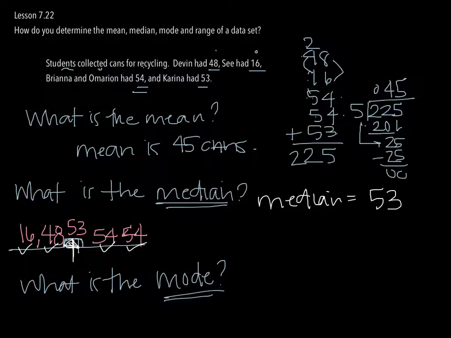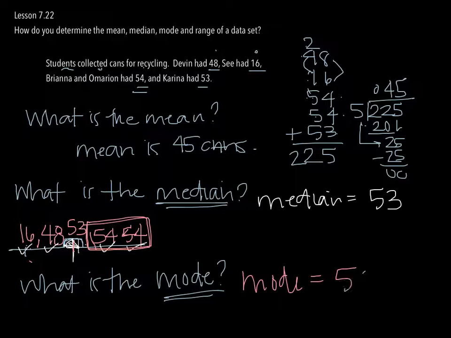Sometimes there is no mode if all of the numbers only appear once, or there could be a couple modes if a couple of numbers each appear twice or 3 times. To do this, we look at the numbers and ask, do we see any number more than once? Well, 16 is only once, 48 is only once, 53 is once, but then we have 54, which we have twice.